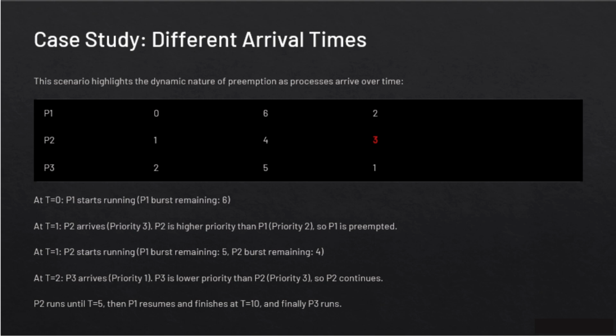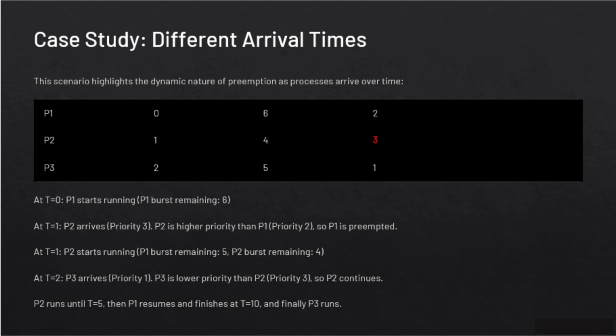In this example, the processes don't all arrive at once. They come at different times. At time 0 seconds, P1 starts running. At time 1 second, P2 arrives with higher priority. So it stops P1. The CPU switches to P2. At time 2 seconds, P3 arrives but with a lower priority.